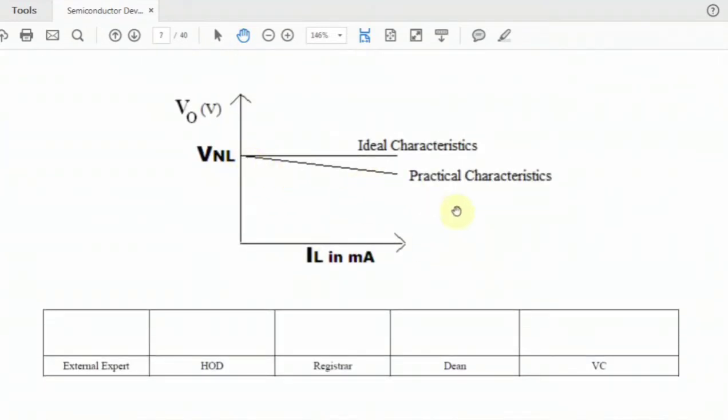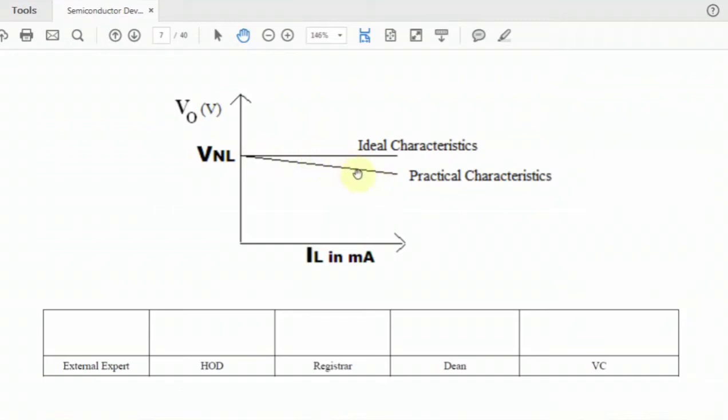Now this is the load regulation characteristic curve. Ideally the load voltage should remain constant irrespective of the variation of load current, but practically it is not possible, as you know. So we'll see till how much this load voltage remains constant and after which potential this load voltage deteriorates.